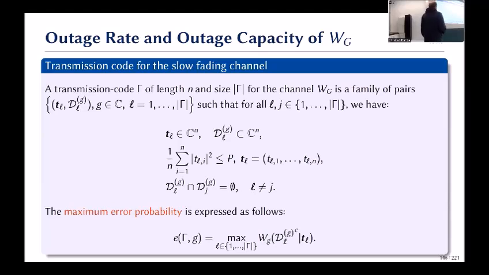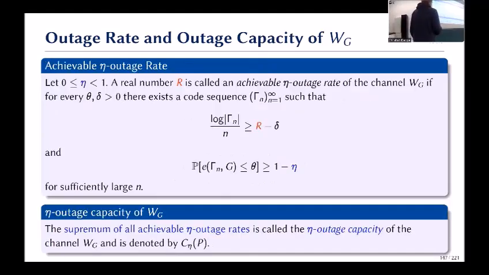So that's a transmission code of length M1. Now for the achievable outage rate, R is defined, as you expected, with the scaling here really normal, log gamma n over n.